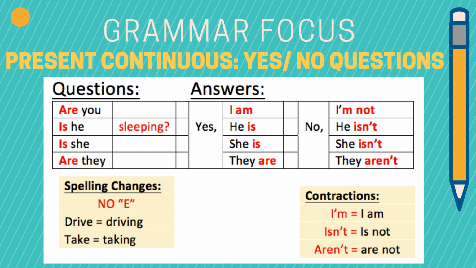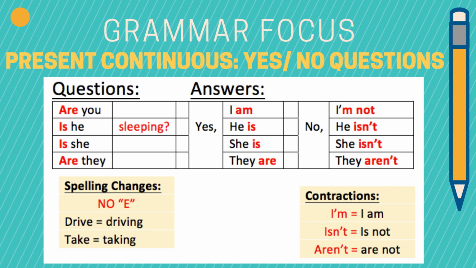This also happens with the word take. We drop the E and add ing. So take becomes taking. Most verbs that end in E will follow the rule, drop the E and add ing.